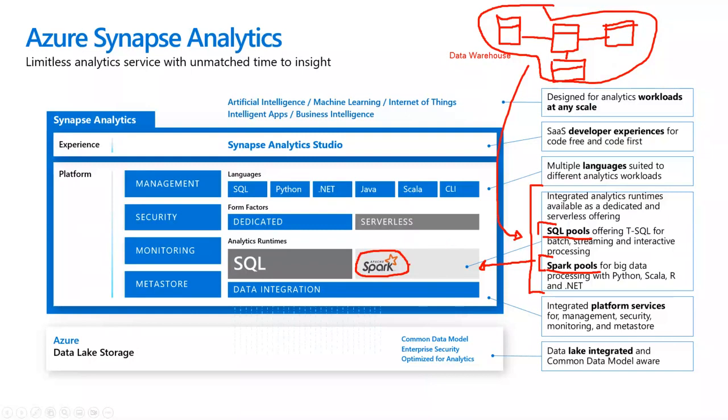Spark is something you should remember for working with big data analytics. So that's another part of Synapse. First thing, data warehouse: if you need a very huge and complex data warehouse, you can use Synapse Analytics. But also if you want to work with big data and do some analytics, Spark will help you out.